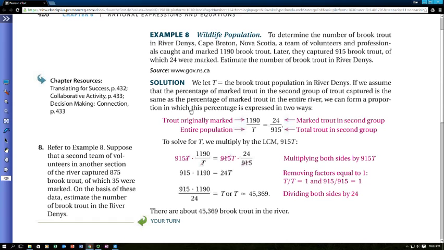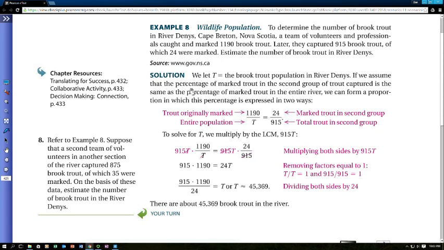Well, the solution, as usual, involves really early on defining variables. In this case, they say let capital T equal the brook trout population in this river. If we assume that the percentage of marked trout in the second group of trout captured is the same as the percentage of marked trout in the entire river, we can form a proportion in which this percentage is expressed in two ways.